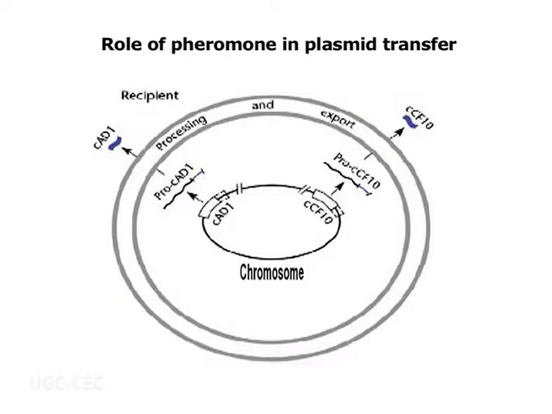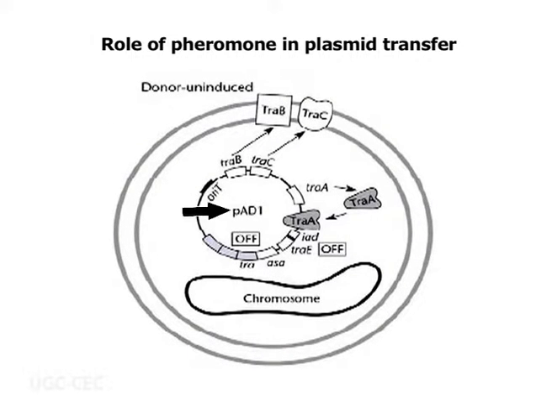The naming of the signaling molecule is directly correlated with the nature of the plasmid it is going to attract. For example, the plasmid here is called PAD1, which is transferred from the donor to the recipient. So the signaling molecule that invites the entry of the plasmid PAD1 is called CAD1.